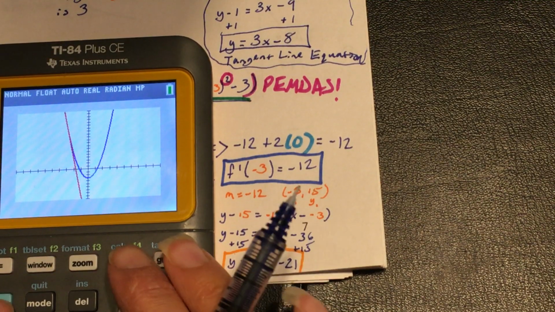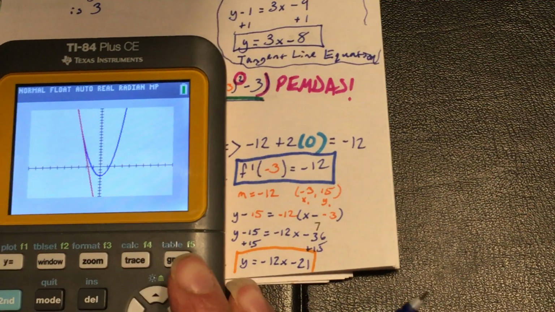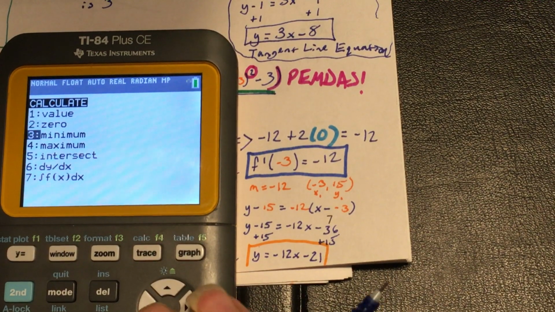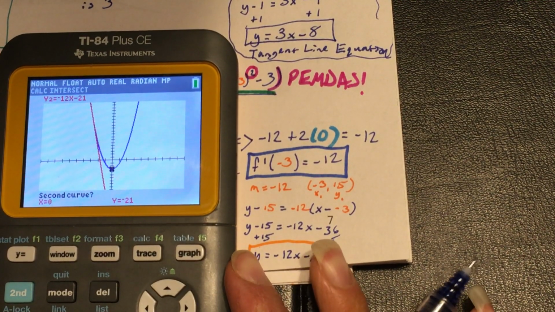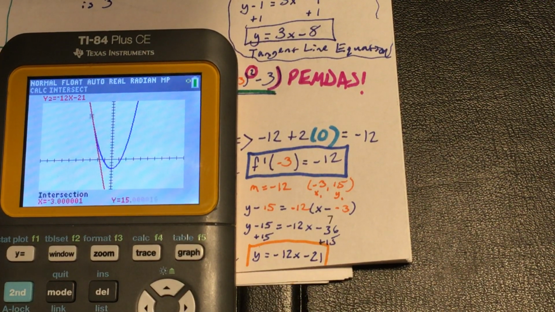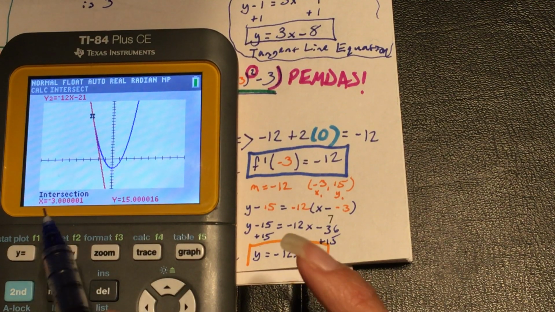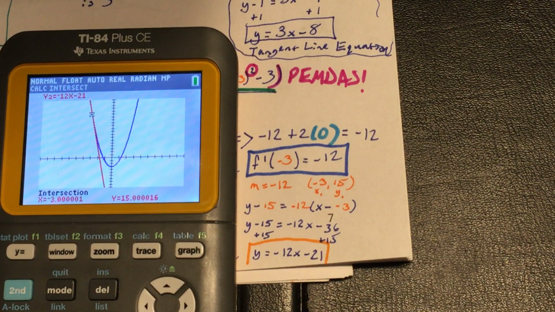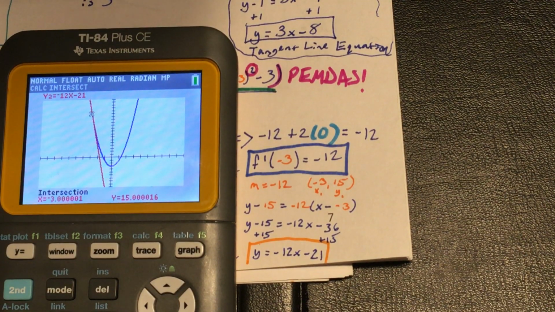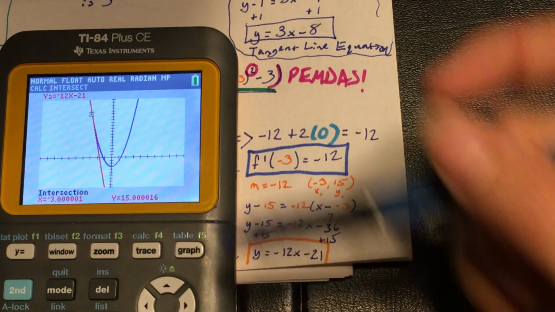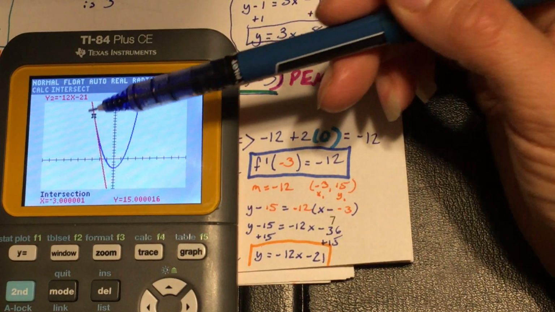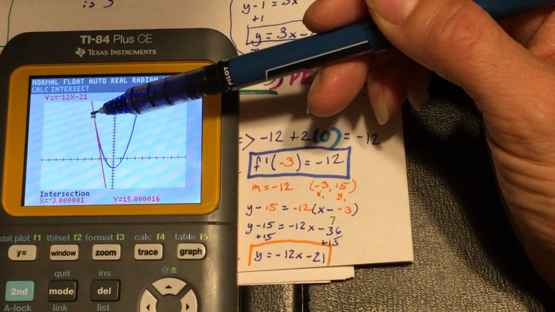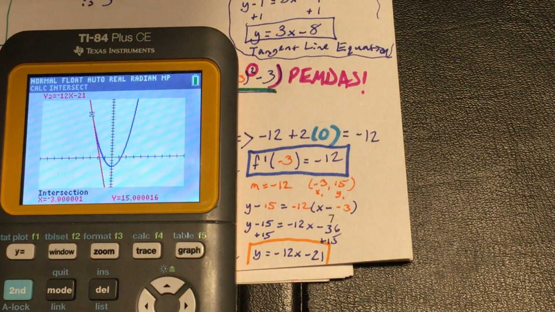And if you really wanted to verify that, to find the intersection point, you do second trace, intersect, enter, enter, enter. And there's our tangent point, (-3, 15). So this is just kind of a nice visual of what did we actually find? We found the slope at that particular point for the tangent line.